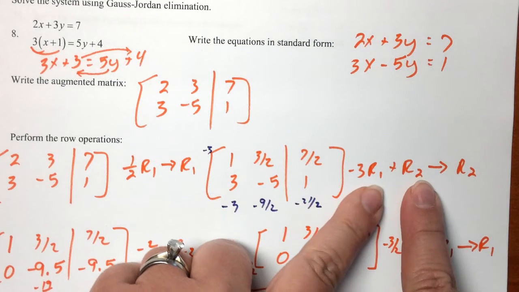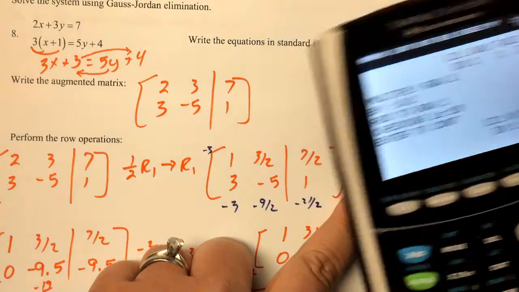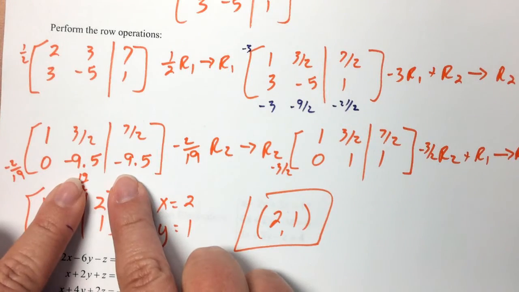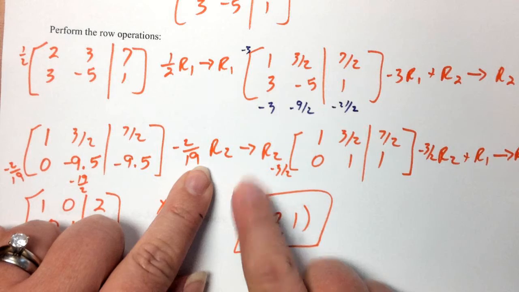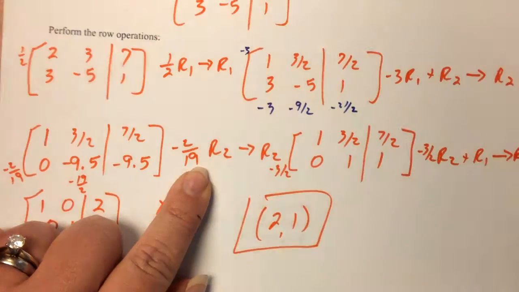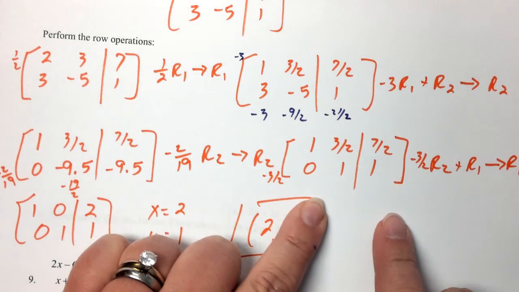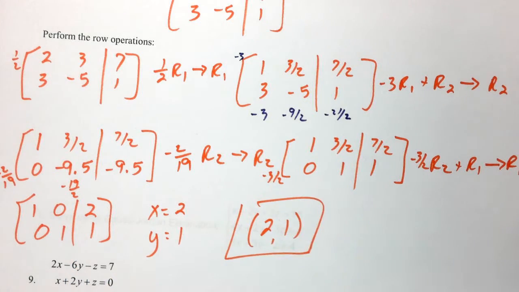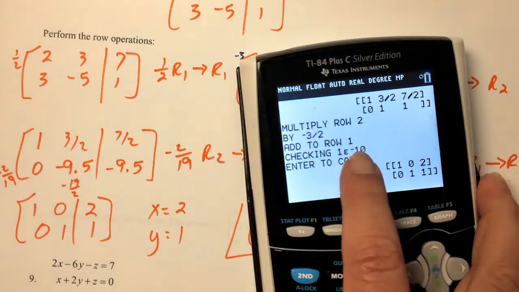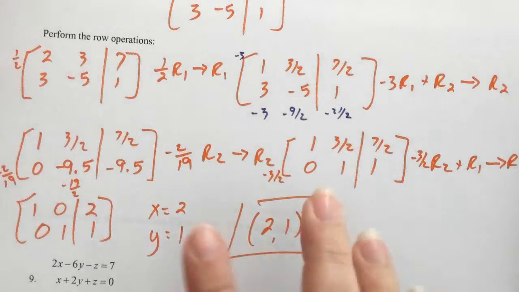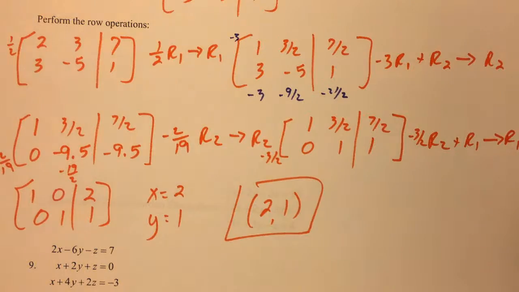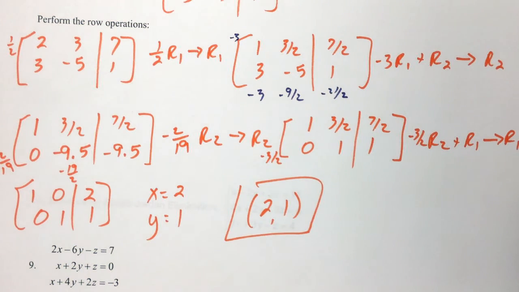Then write down your new operation, let the calculator perform it, and you write down your new matrix. Write down your next row operation, let the calculator do it, write down the next matrix you get, and so on. Okay? So I know you're using your calculator to perform the row operations, but you're writing down each step along the way.